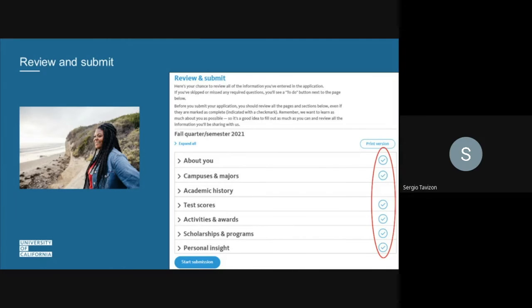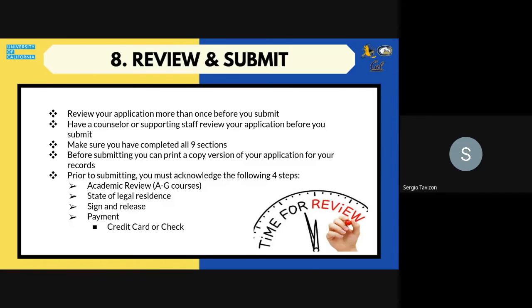So you want to double check on that before you submit. In addition, you want to review your application more than once before you submit. Have a counselor or support staff review your application before you submit. Make sure you have completed all sections. Before submitting, you can print a copy version of your application for your records.